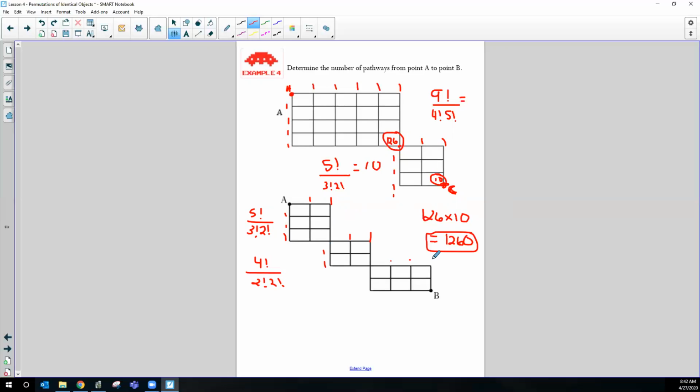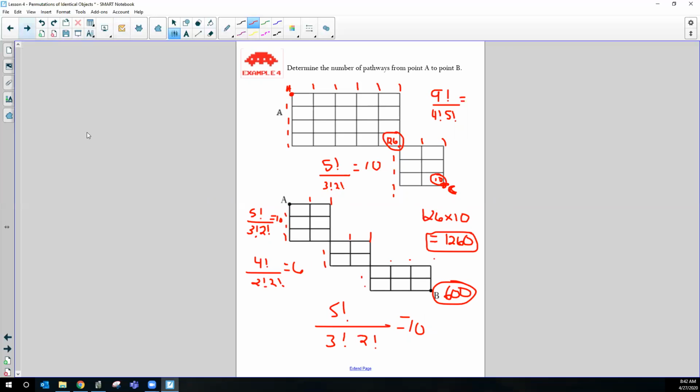And then you have 1, 2, 3, 4, 5. 5 factorial over 3 and 2. Okay, so what that is going to equal is 6, 10, and 10, and then multiply them all together. So it's still 600 ways to go from A to B.